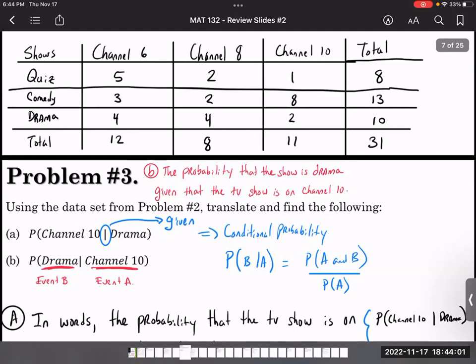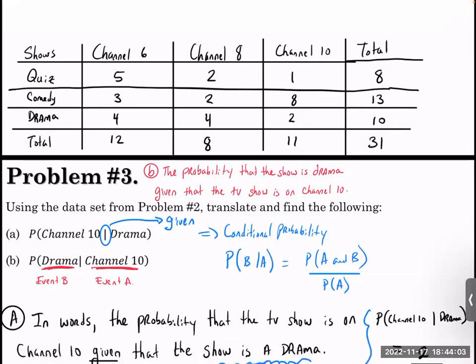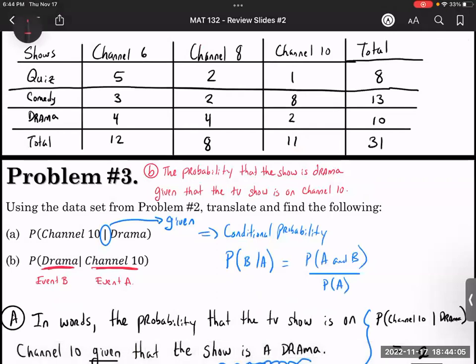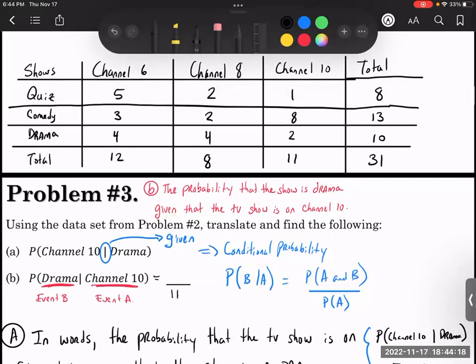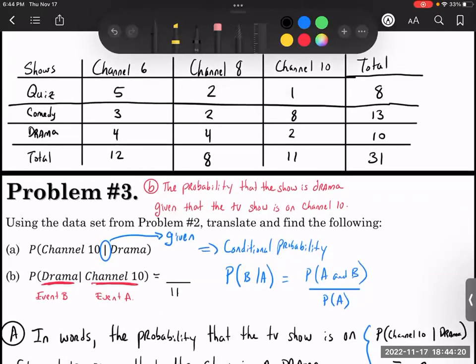So for part B, the solution here is the following. It's going to be the total number of shows that are on channel 10, which is 11. And out of those 11 shows, how many of them are drama? Careful. On channel 10? Yes, 2.